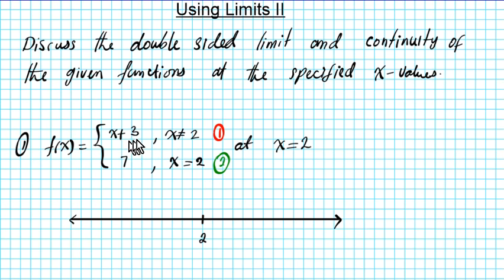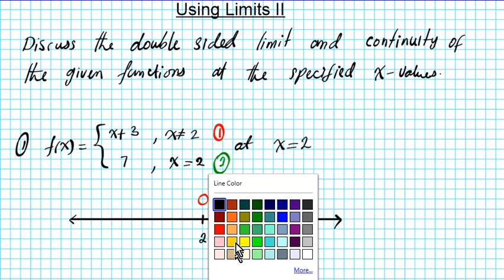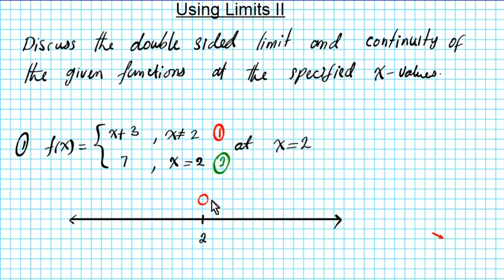X plus 3 is everywhere except x equals 2. So for the red, we have an open circle, and everything to the right and to the left of that open circle, x plus 3 is active.